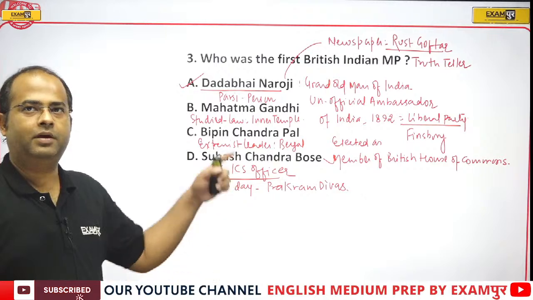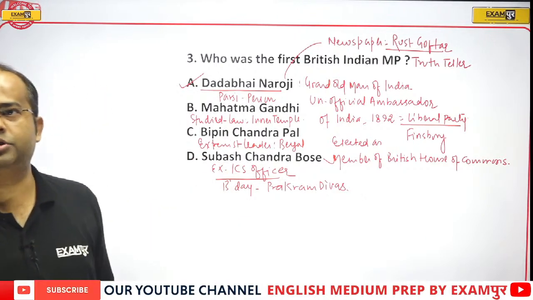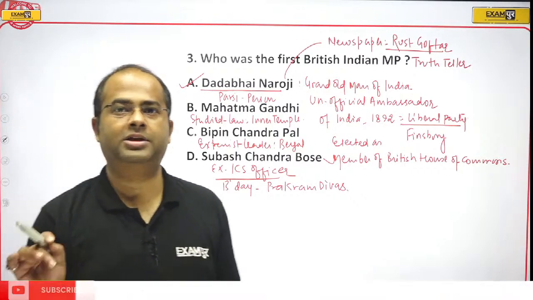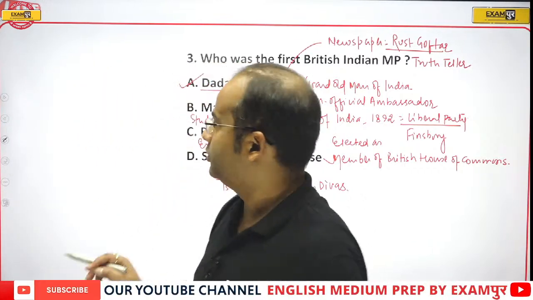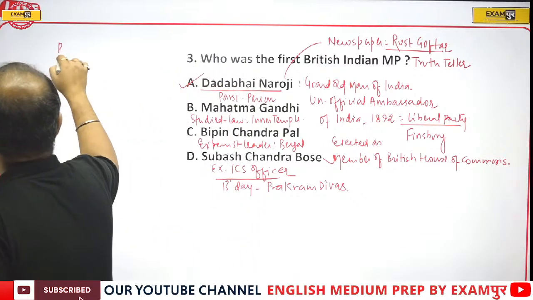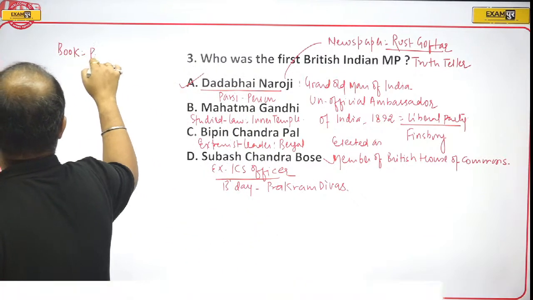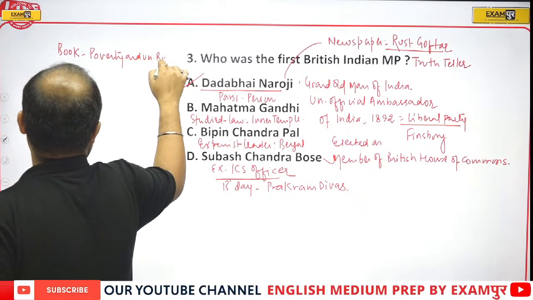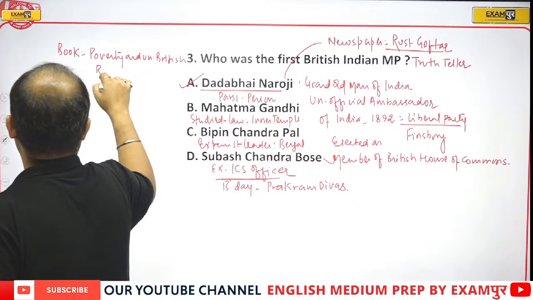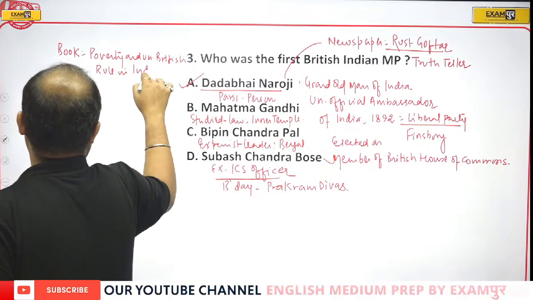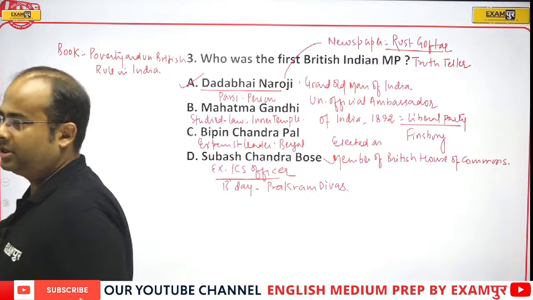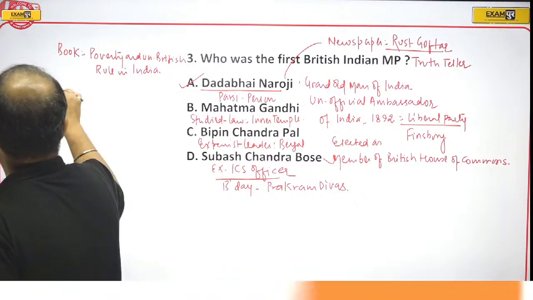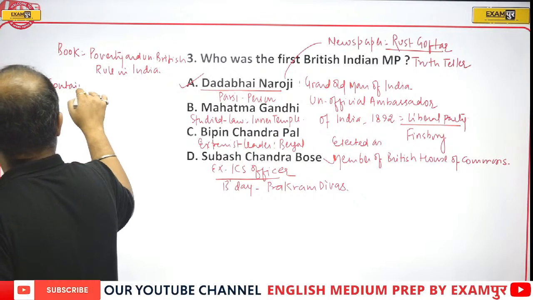So, the correct answer will be what? It will be Dada Bhai Naoroji. He wrote the book Poverty and Un-British Rule in India, in which the theory of drain of wealth is given. In it he tried to calculate the national income, and he said that the per capita income of Indians is just 20 rupees.